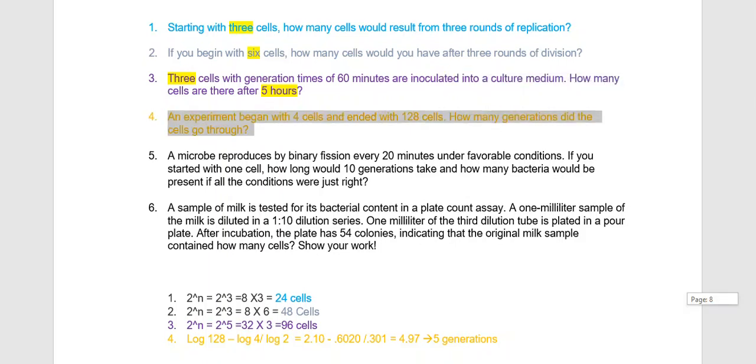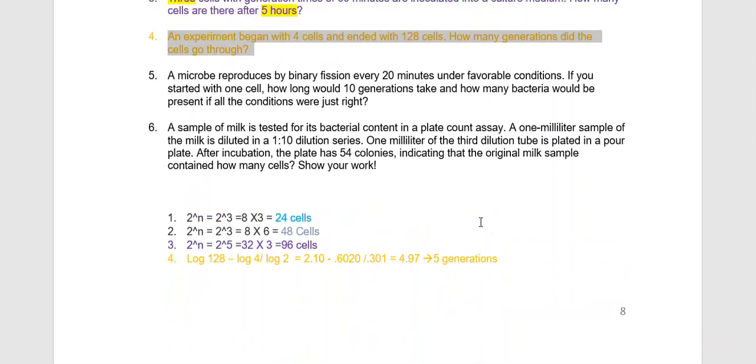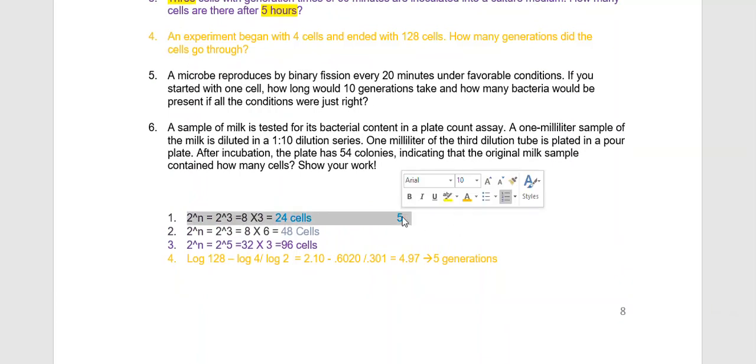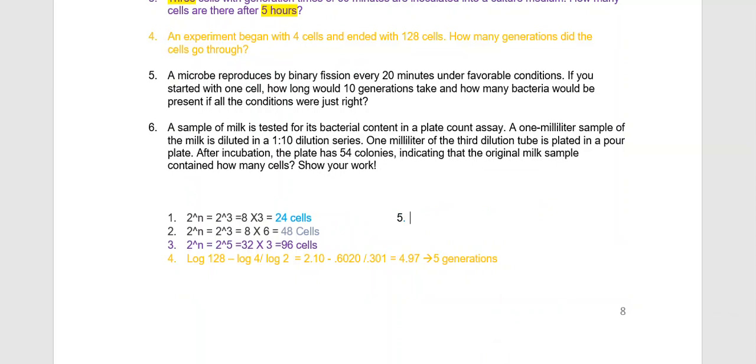All right, going on to number 5. Number 5 says a microbe reproduces by binary fission every 20 minutes under favorable conditions.